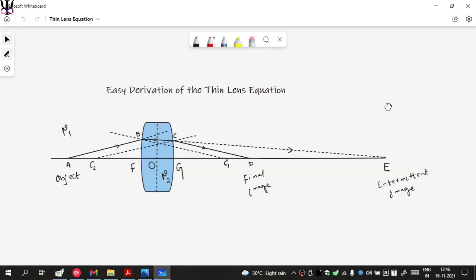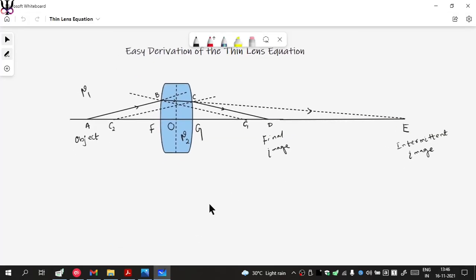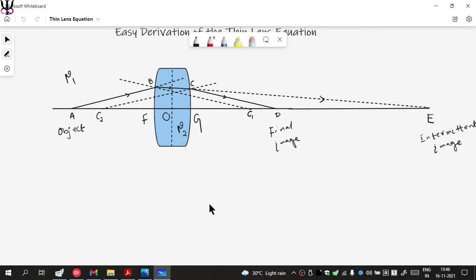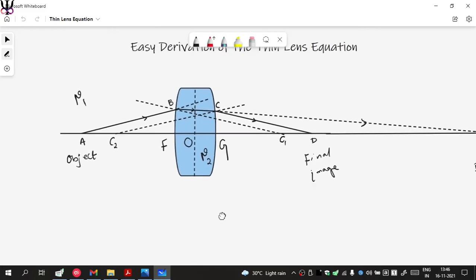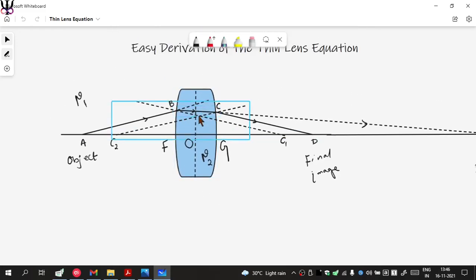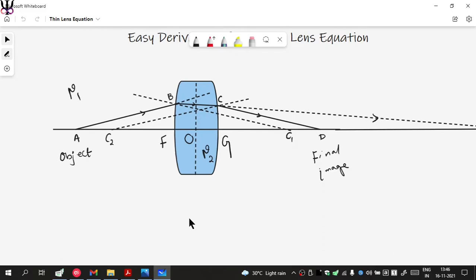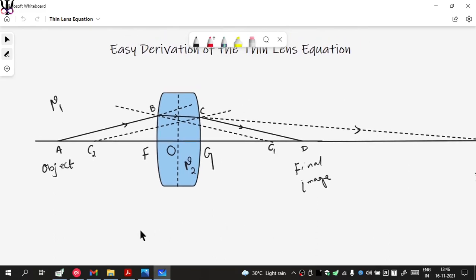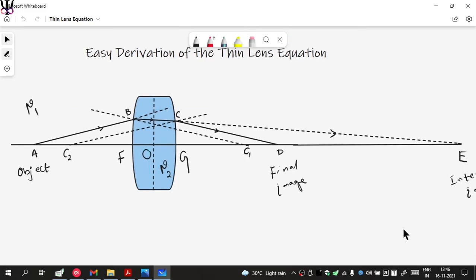Alright, now let's understand the setup for the thin lens equation. I have drawn this lens in blue as very thick, but only to clarify things. You can pause and look at the diagram in detail, but I'm going to explain how it happens. In the thin lens equation, there are two interfaces.